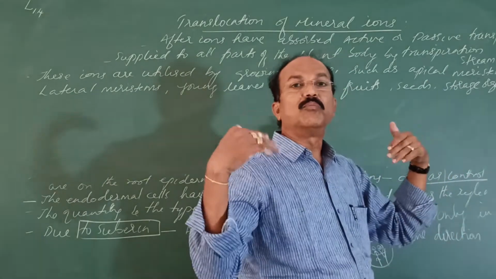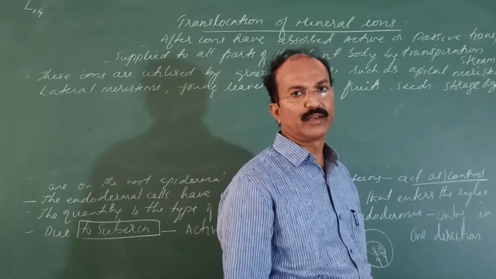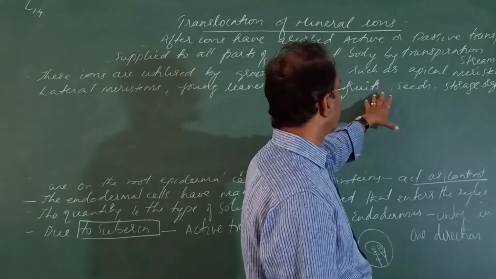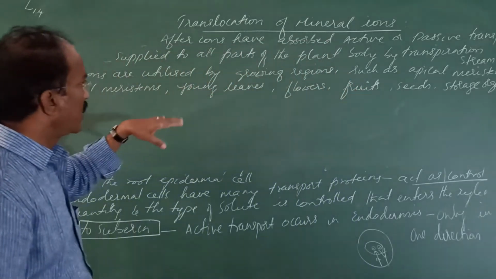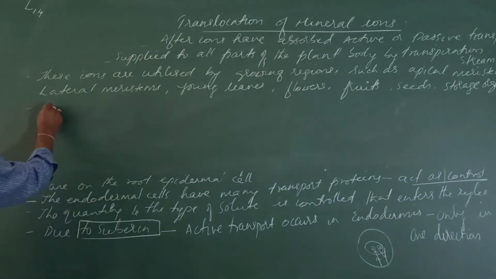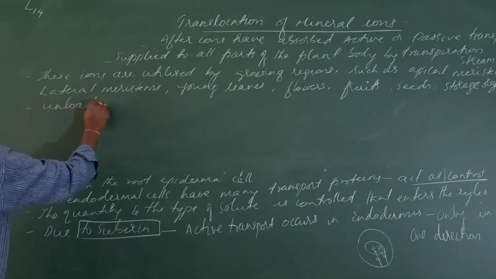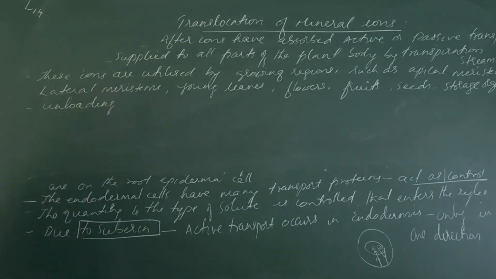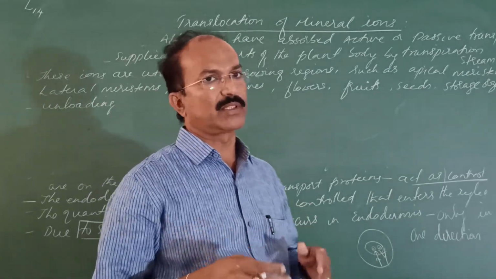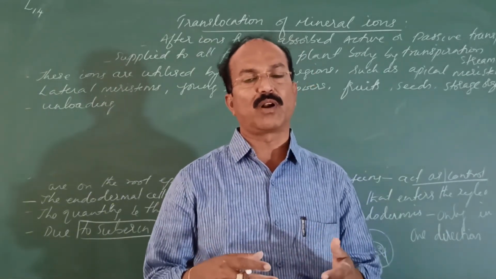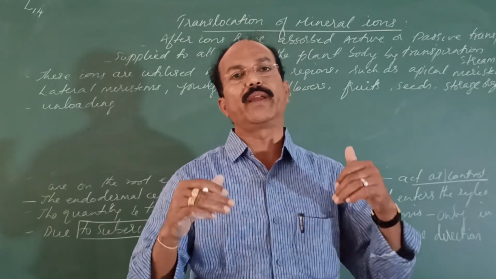They are mobilized and transported to these parts of the plant body. So these ions' unloading occurs. What does unloading mean? From the transpiration stream, these ions are present dissolved in water, and they have to be unloaded.